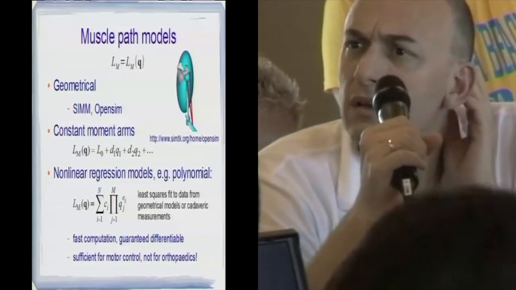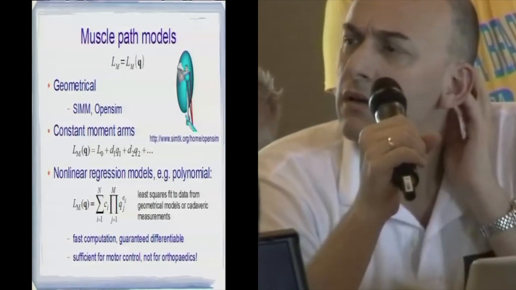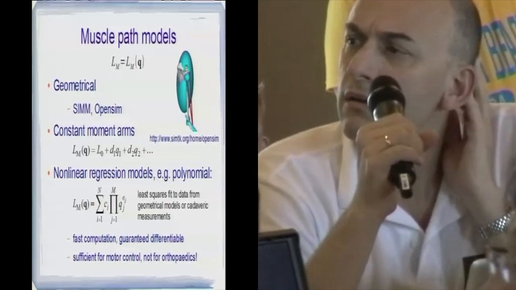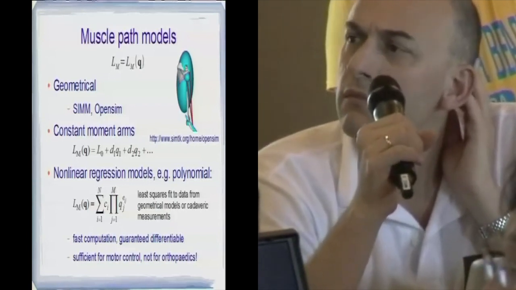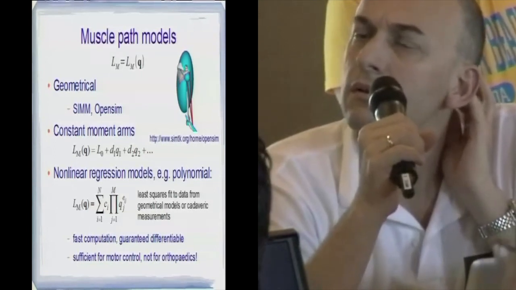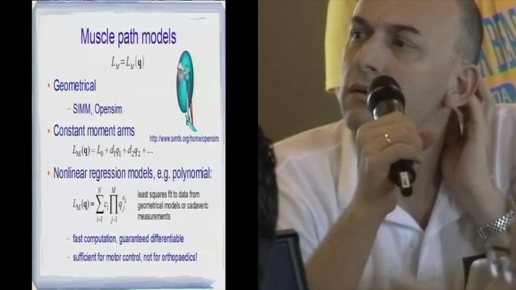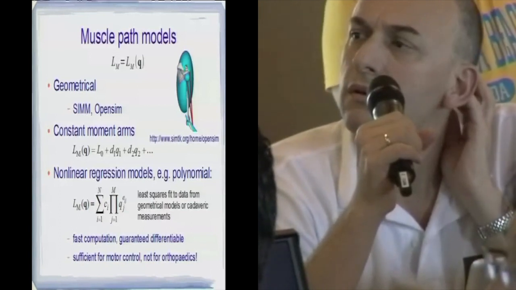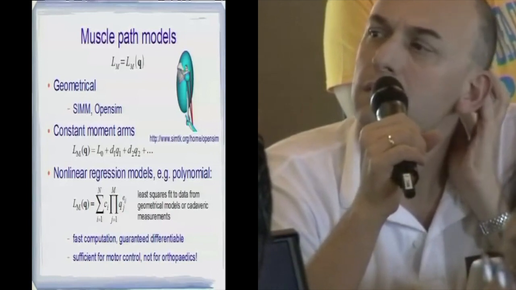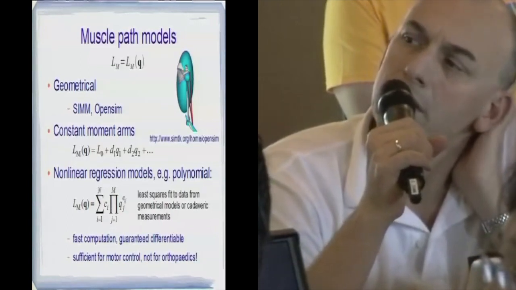Very often to make realistic musculoskeletal models, you need to wrap these muscles around obstacles, around other muscles, around bones. You end up with quite a complex calculation on the right-hand side here, which involves iteration sometimes. It involves if statements to see if something is touching an object or not.